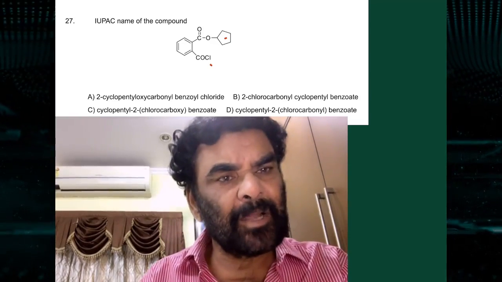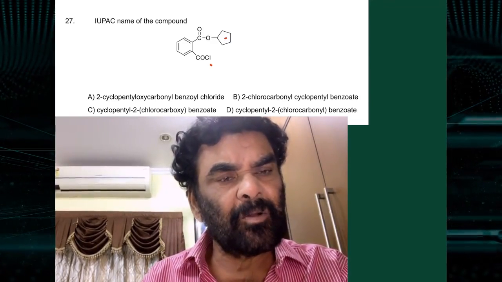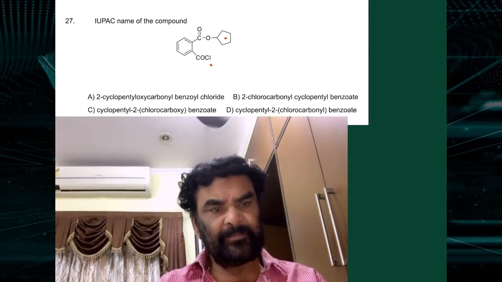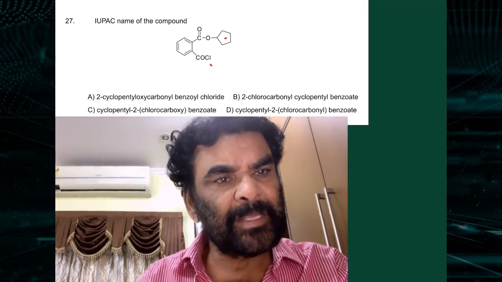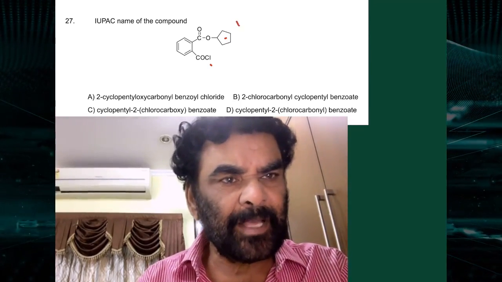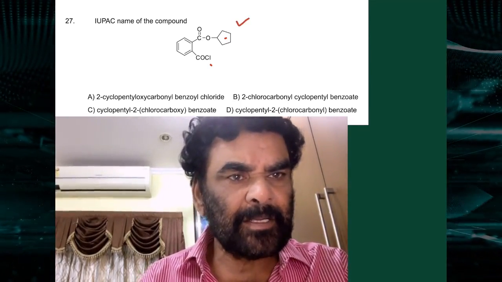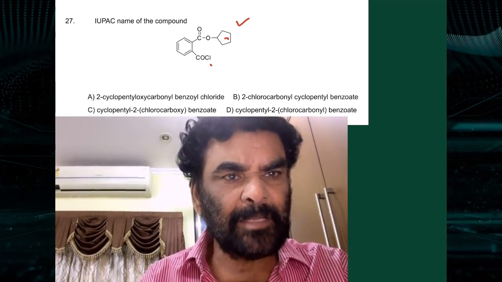The prefix for the acid chloride is chlorocarbonyl. This is the cyclohexyl benzoate. For the ester, first we have to tell the alcohol part, cyclohexyl. Now the acid part as benzoate.